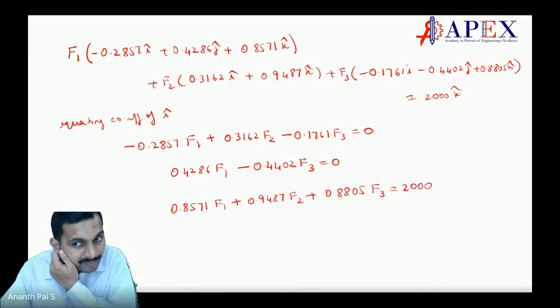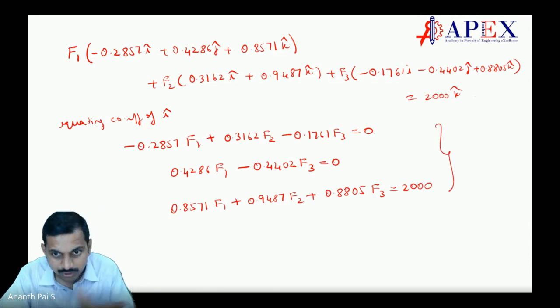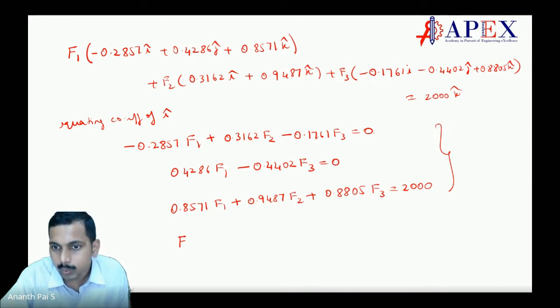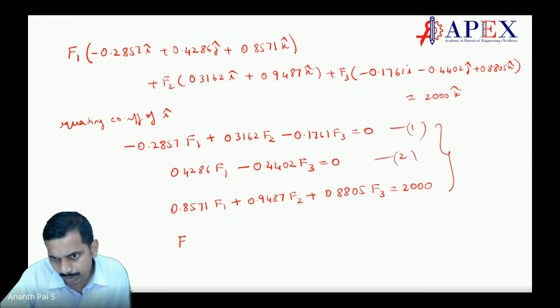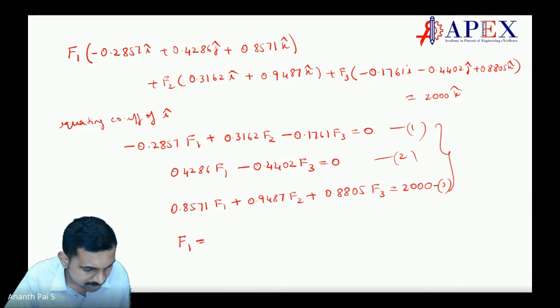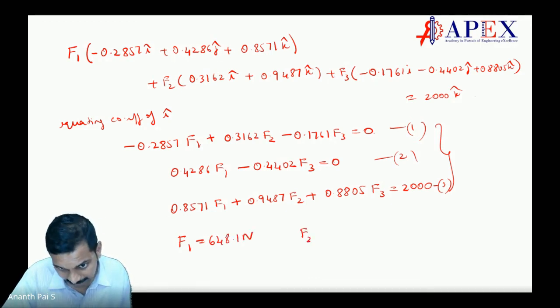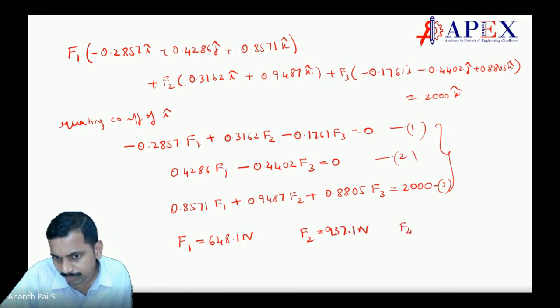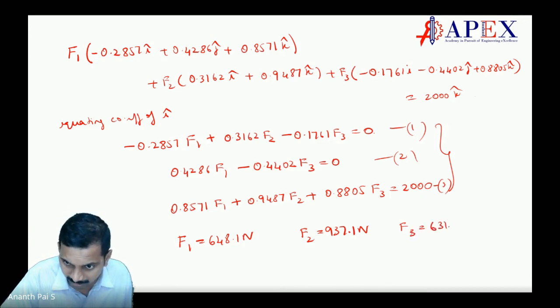Okay, you have 3 equations and 3 unknowns. Solve for it. By solving 1, 2 and 3, we will get the answer as F1 is equal to 648.1 Newton, F2 as 937.1 Newton, and F3 as 631.1 Newton.